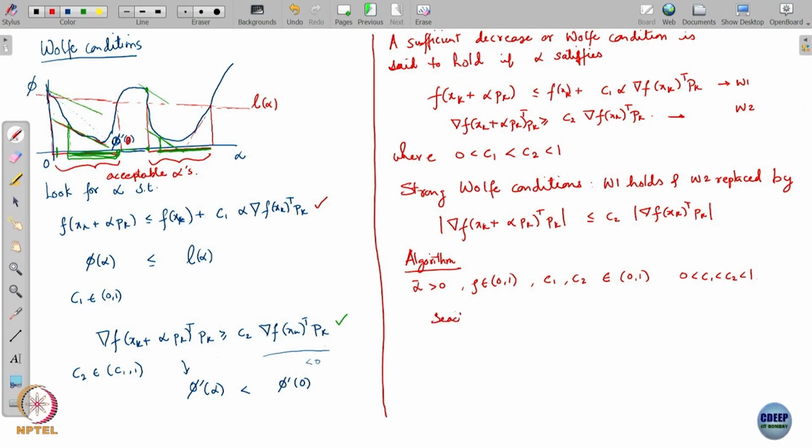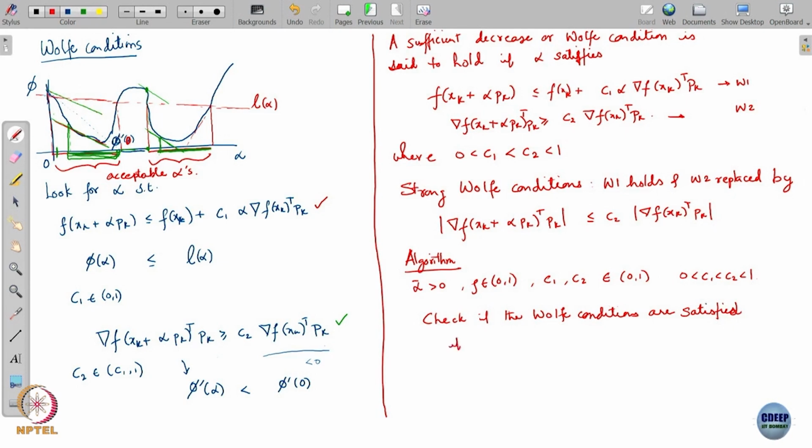So, what one does is you try, let me say, check if the Wolfe conditions are satisfied. At each iteration, check if the Wolfe conditions are satisfied.